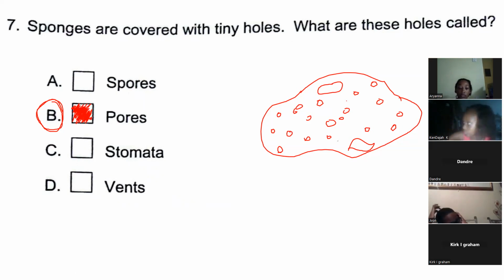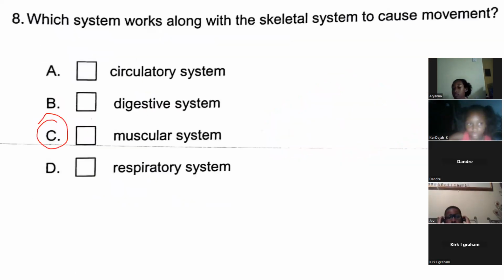Next up is question number 8. I'm going to ask Candesia. Read question number 8, please. Which system works along with the skeletal system to cause movement? A. The circulatory system.